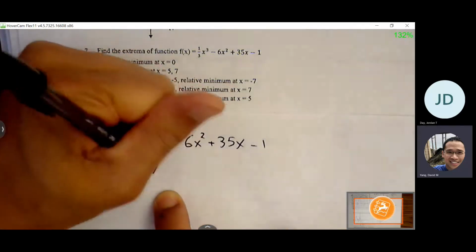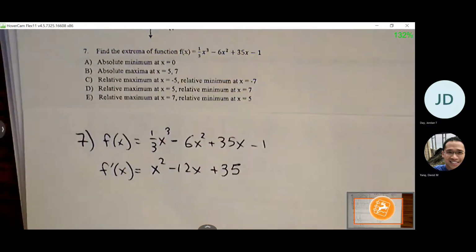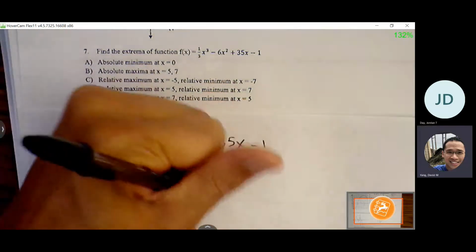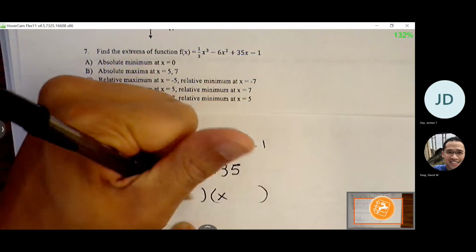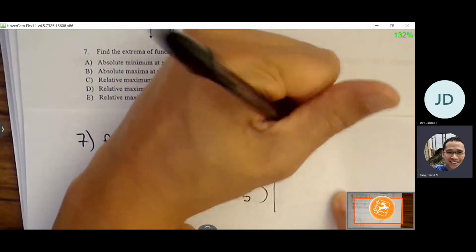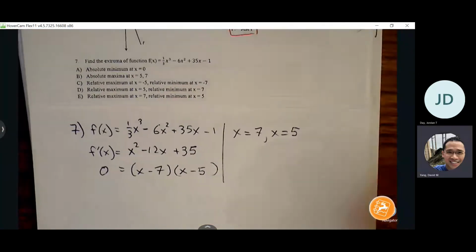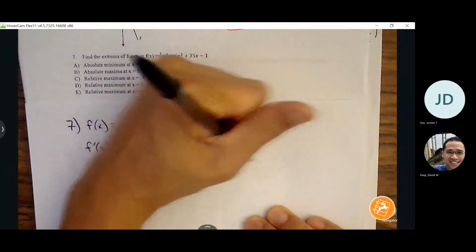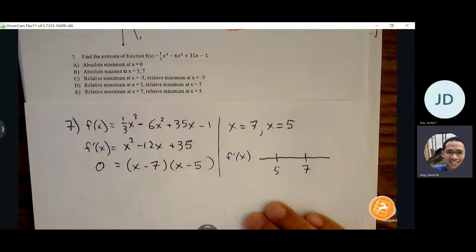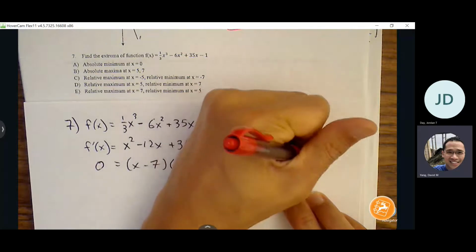Bring down the 3. Set equal to 0. Okay, basically we're just going through the first derivative test here. I'll test 0, I'll test 6, I'll test 8.